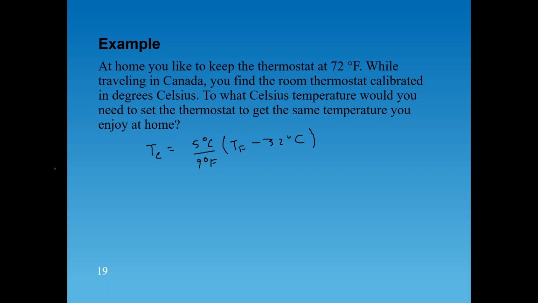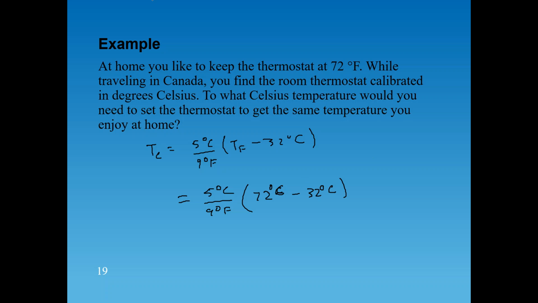So this would be equal to 5 degrees Celsius over 9 degrees Fahrenheit times 72 degrees Fahrenheit minus 32 degrees Fahrenheit.